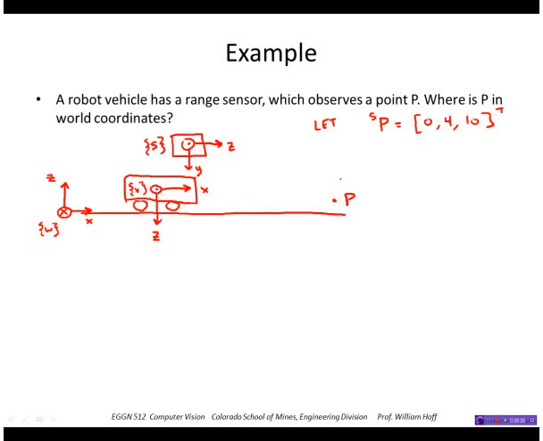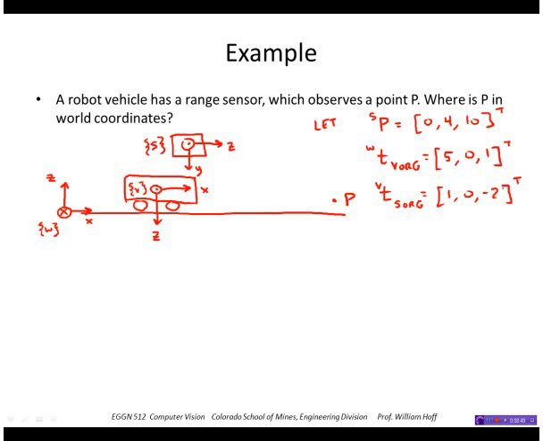And let's say that the origin of the vehicle in the world is 5, 0, 1. Okay, so I'm using homogeneous coordinates for this point, but just a 3-vector for the translation. And let's say that the sensor origin on the vehicle is 1, 0, minus 2.